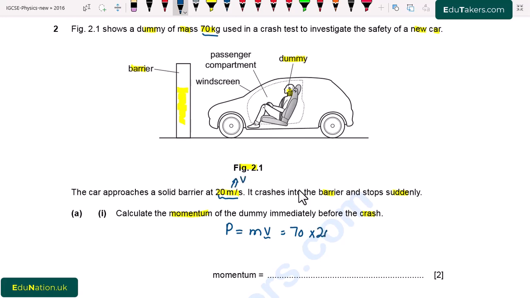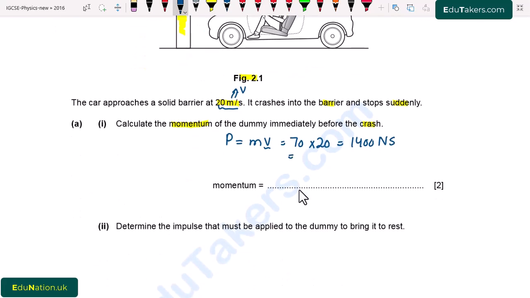So the value of momentum comes to be 1400 Newton second. I can also write it as 1400 kilogram meter per second. The momentum is equal to 1400 Newton second.